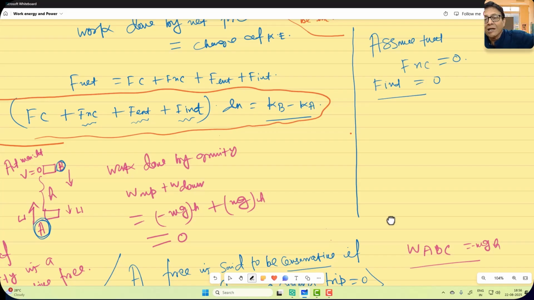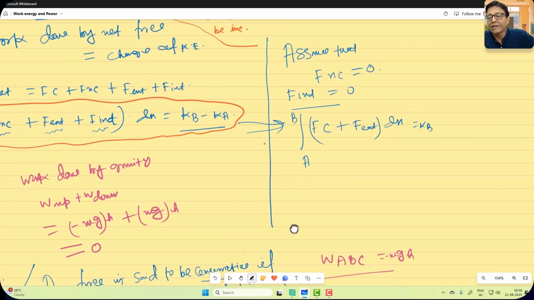We get, by using this equation, integral of F conservative plus F external dx, put the integration sign, otherwise it looks short, from A to B. dx we have taken, no? Integral of (Fc plus F external) dx from A to B equals Kb minus Ka.